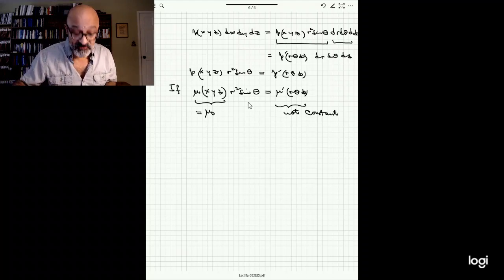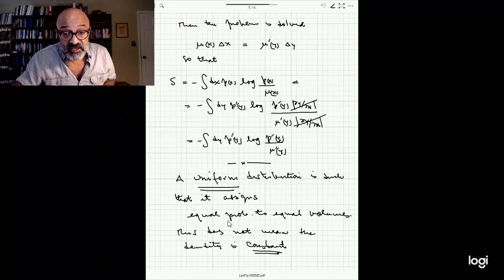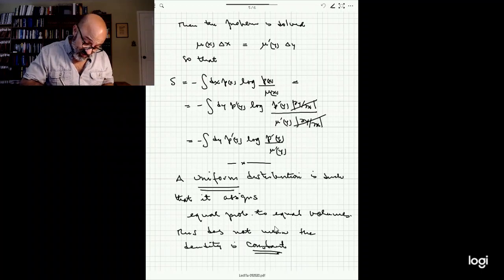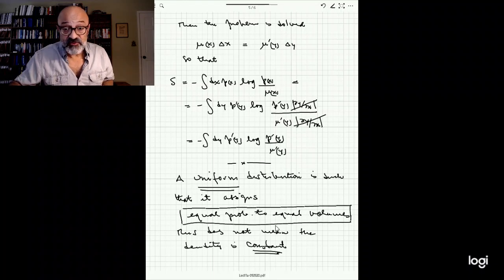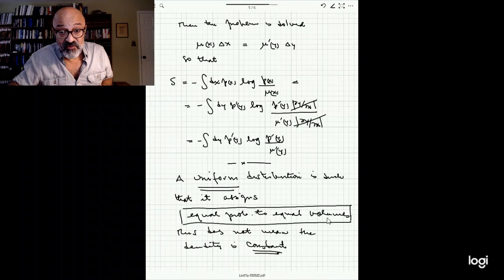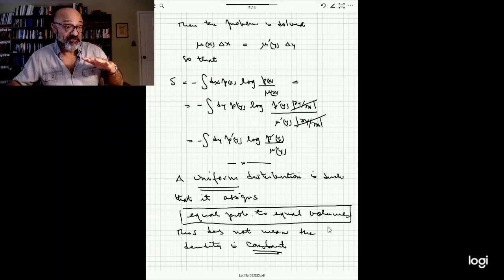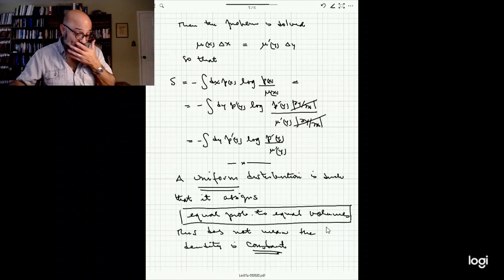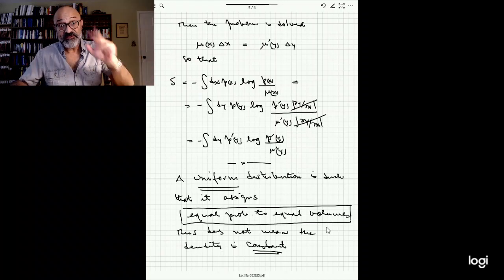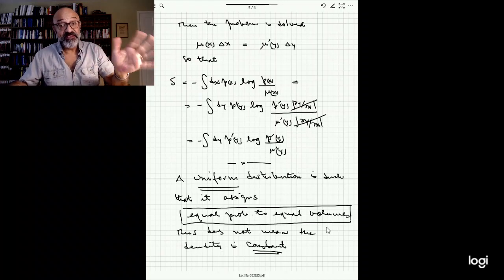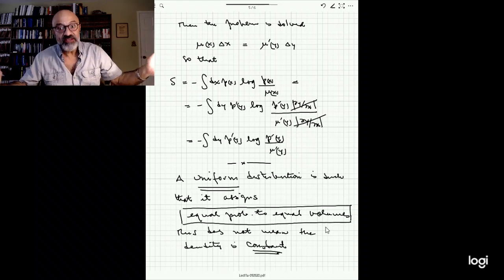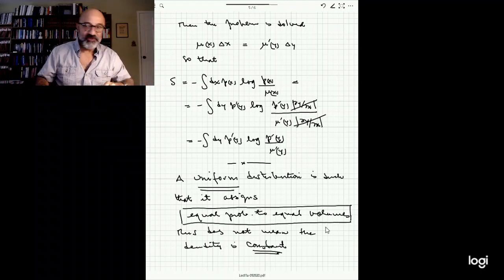The definition of uniform is equal probabilities assigned to equal volumes. And the crucial fact to be remembered here is, what precisely do you mean by volume? You need this definition of volume. If you're dealing with a Euclidean space, 3 dimensions, then you have a pretty decent idea what the volume might be, just regular formulas for volume.